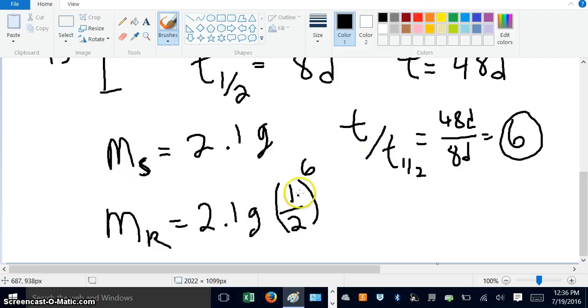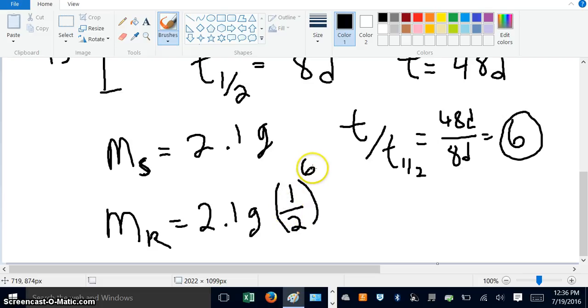All right. So what I'm going to do here is take 1/2 or 0.5 raised to the 6th power. So with my calculator, I just type in 0.5, and then there's a little caret key to raise something to the 6th power.